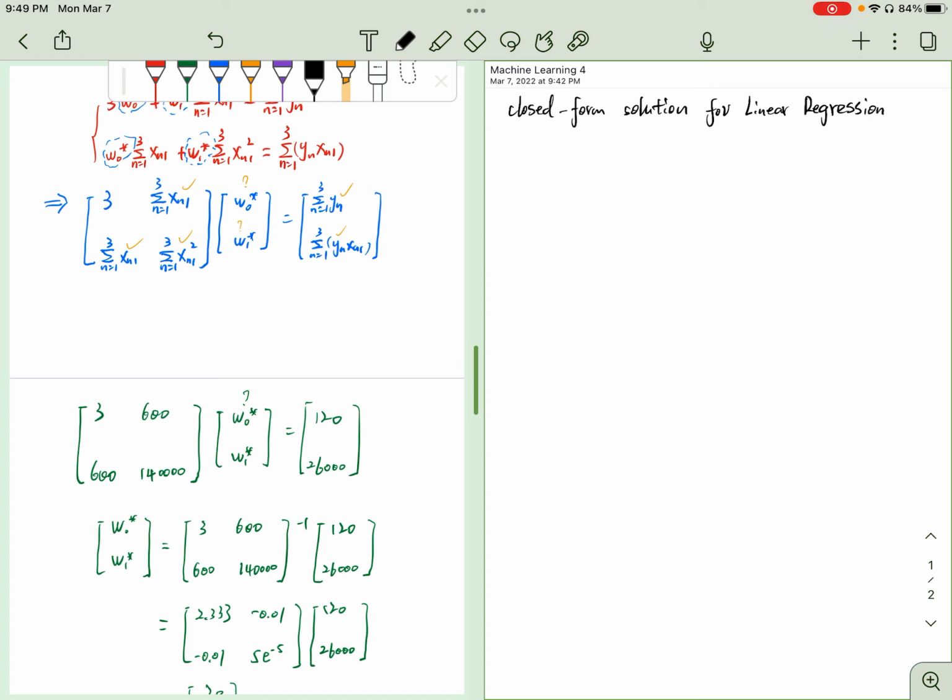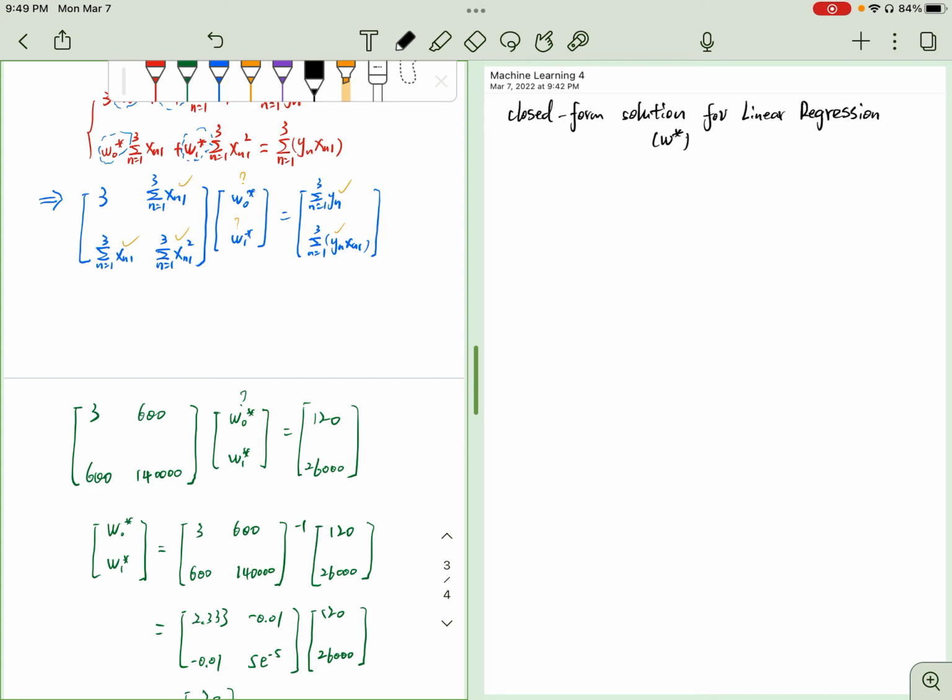By a closed form solution, I mean that I want to find a solution to solve for omega star, that is, our optimal weights that can minimize the loss function.